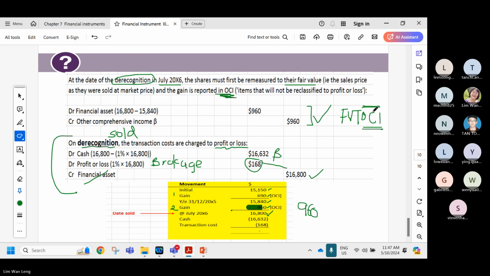Okay. Any questions for this one? So which means that if you summarize it, these are the movements.